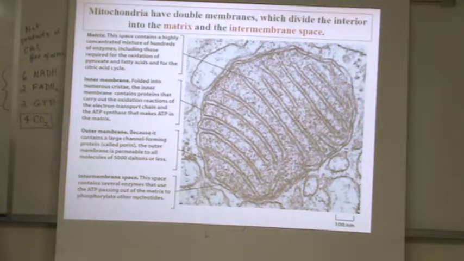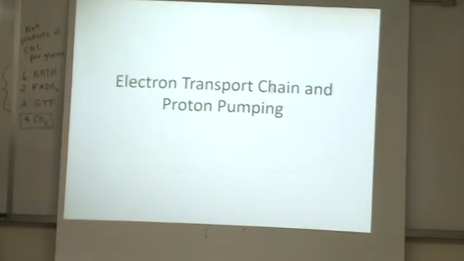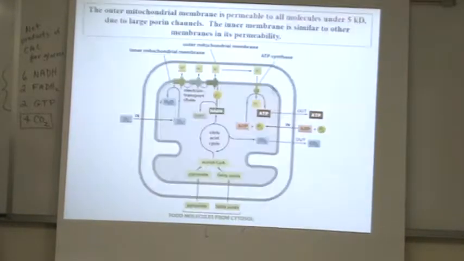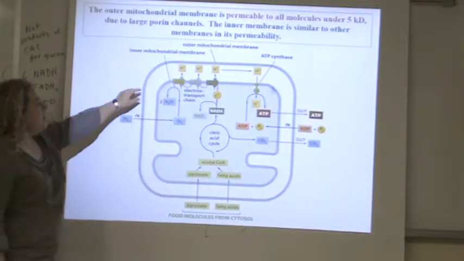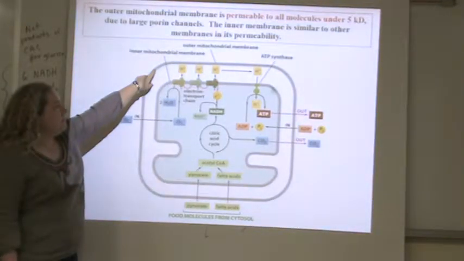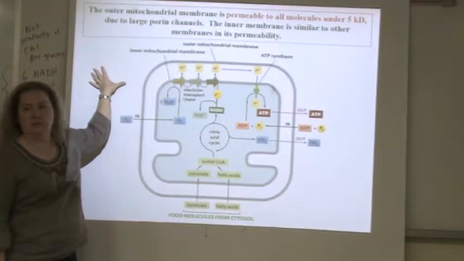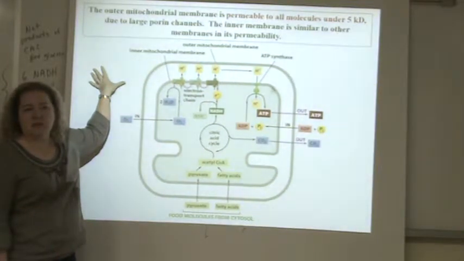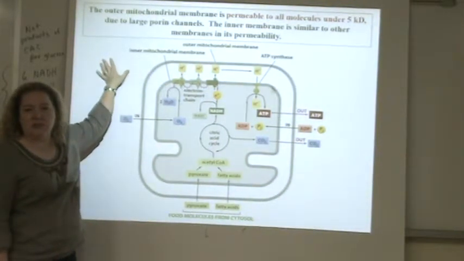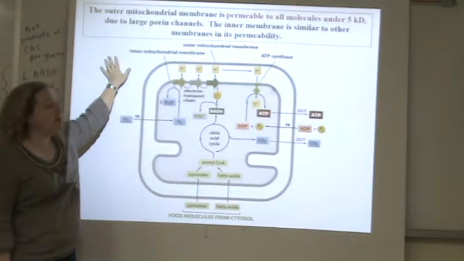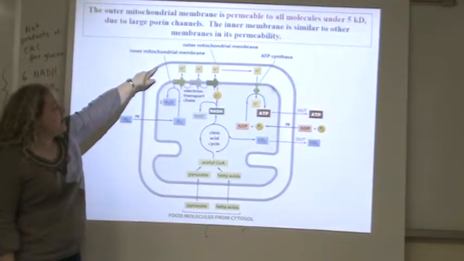This is a little bit hard to look at, so I need to go to a different picture. Let's use this picture. So here's the outer membrane. What's out here? Cytosol. Cytosol is out here. Glycolysis is out here.